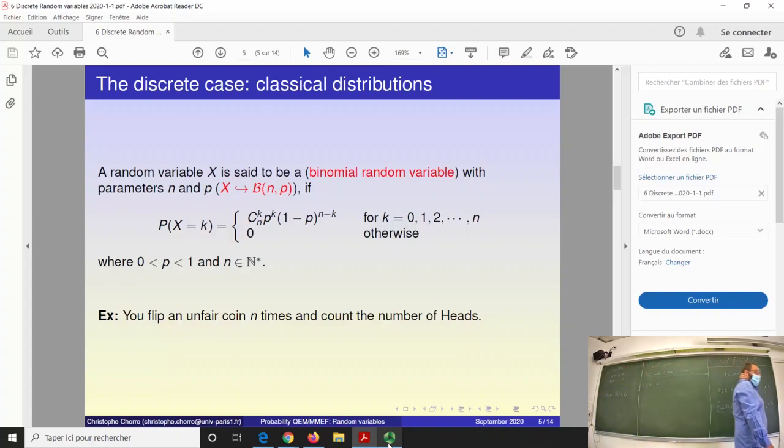What is the probability that the number of heads is equal to 0? When you flip a coin 3 times, it's possible to have 0 heads. What is this probability?